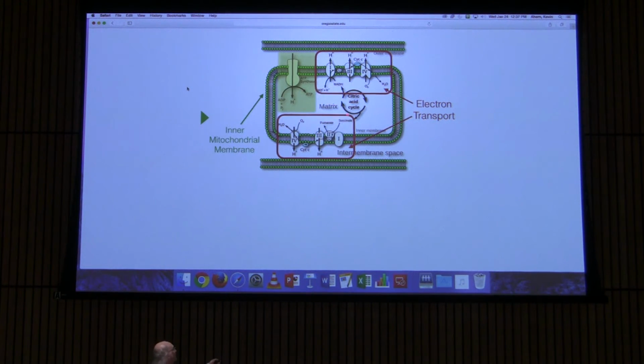Okay, one more thing about all of this that's really cool that I haven't said: each time electrons move through one of complexes 1, 3, and 4, protons get moved. They get pumped. I call it pumping.